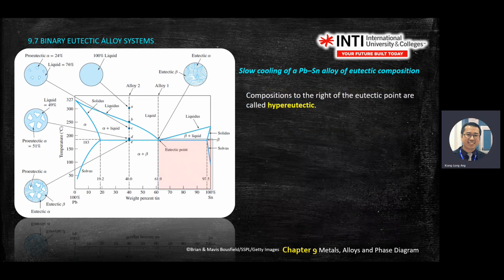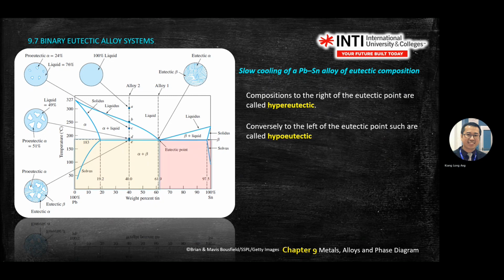Compositions to the right of the eutectic point are called hypereutectic. The one to the left is called hypoeutectic. The one highlighted in red color is hyper.